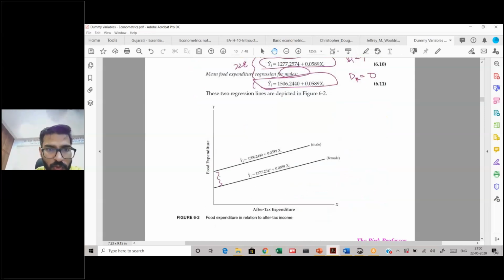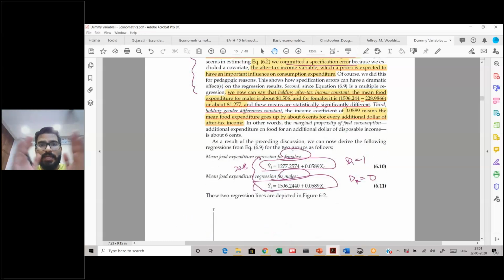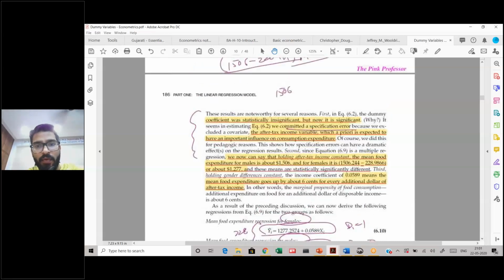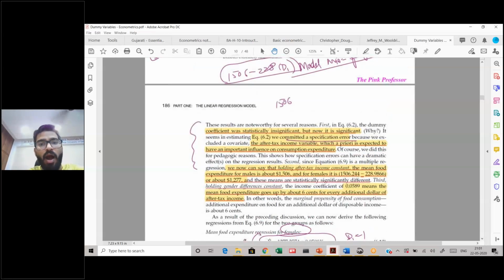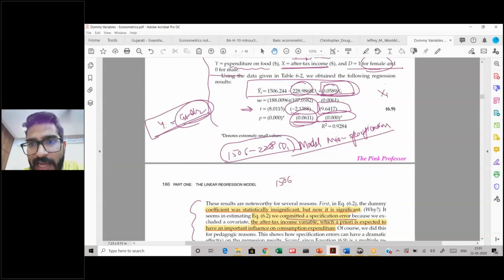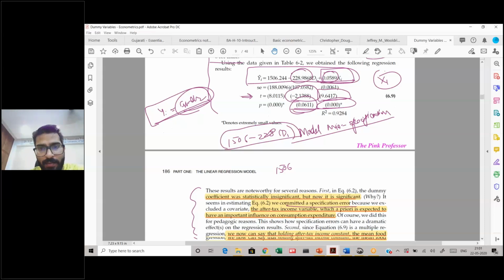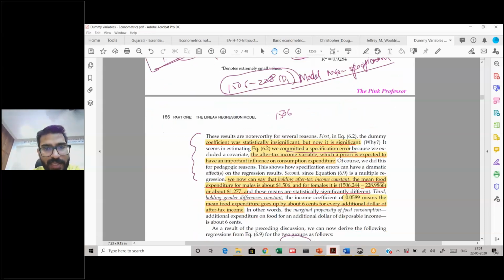This difference is 228 because the slope for males and females is the same. Now, let us interpret this. The interpretation is that if you hold the after tax income constant, if you hold excise constant, then the mean food expenditure for males is this, and for females, you subtract that amount, it is this.